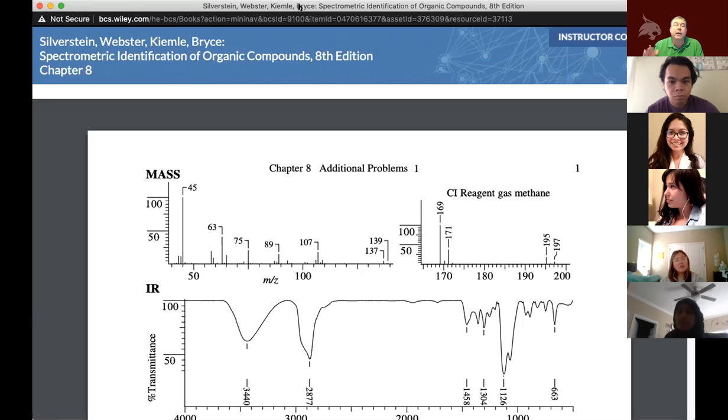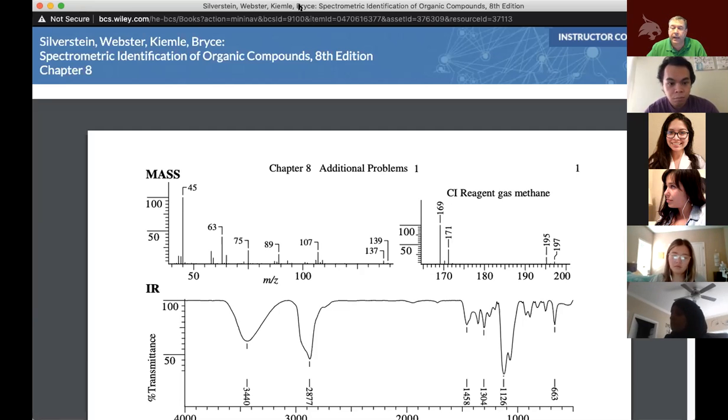So we're looking for mass plus 16. And so in both the electron impact and the chemical ionization, we have something anomalous. We have an odd number. So what does that tell us right away? Nitrogen. We probably have 1, 3, or 5 nitrogens right here.